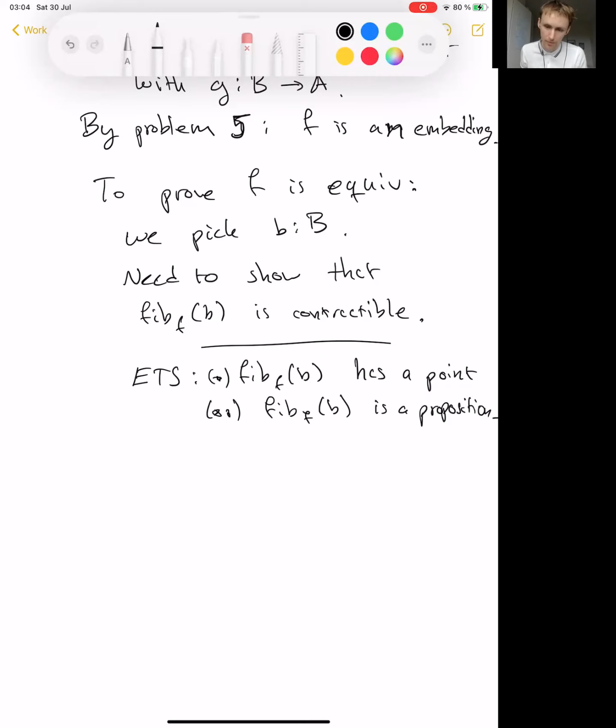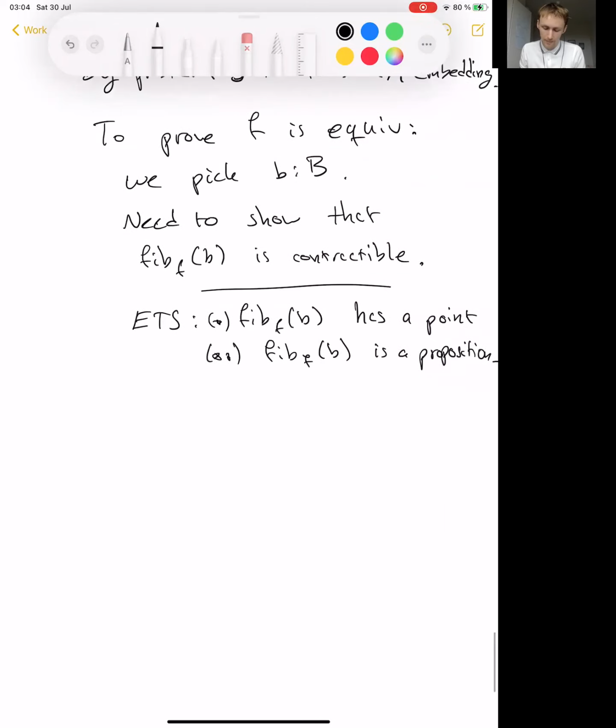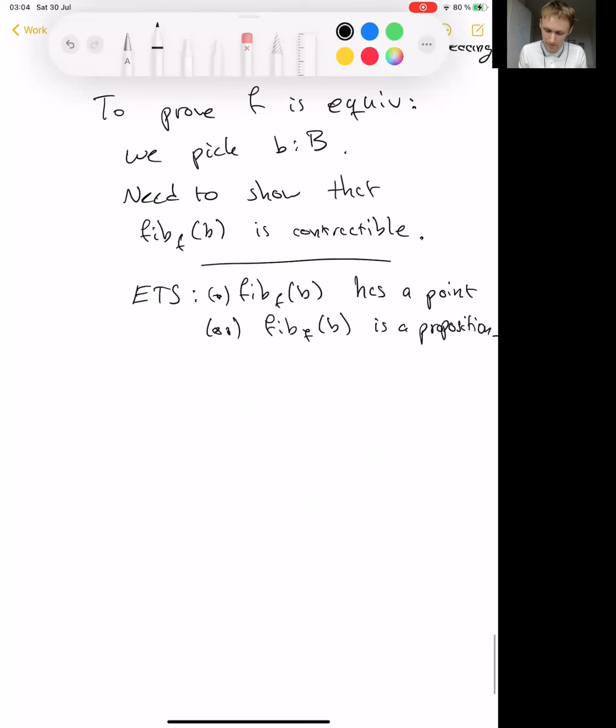So any two points are equal. That implies that it's contractible. It's slightly nicer to prove this because the point we're going to pick is maybe not very nice to work with later. It's nice to just prove that it's a proposition because you get to pick arbitrary points.